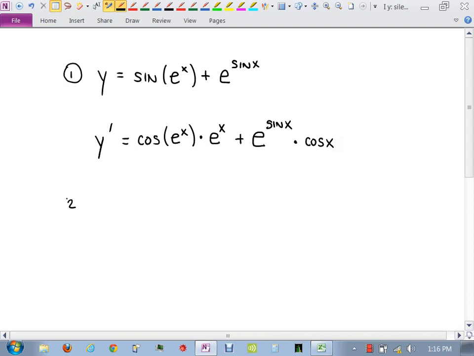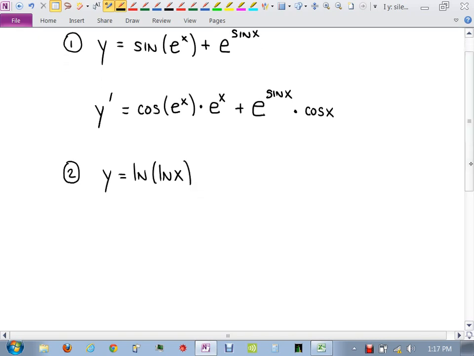Number 2. Y is equal to natural log of natural log of x. This was exactly number 15, so this was natural log of s on the homework. So I changed it by making it natural log x. So the way you look at this is, here's a u.